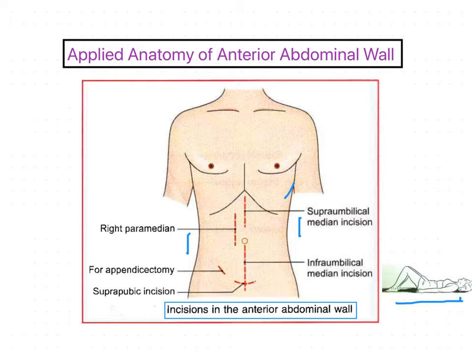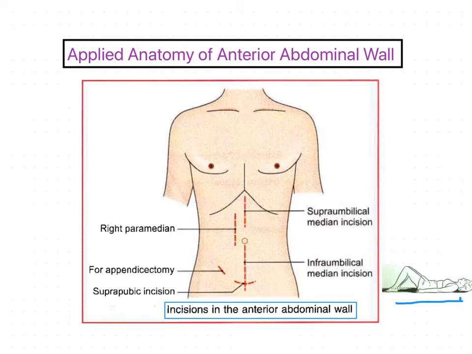So why should we refresh these functions here? Due to lack of exercise, the tone of the muscles of the anterior abdominal wall decreases, leading to protrusion of the anterior abdominal wall.